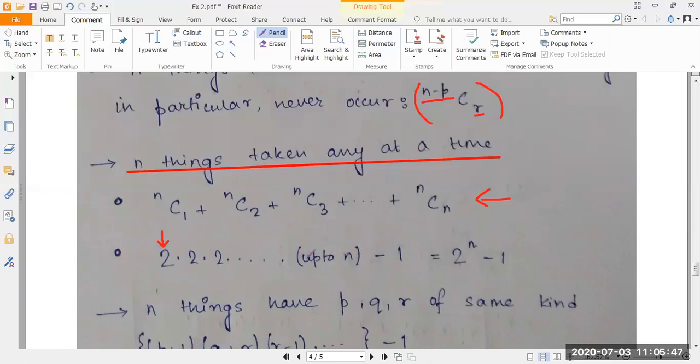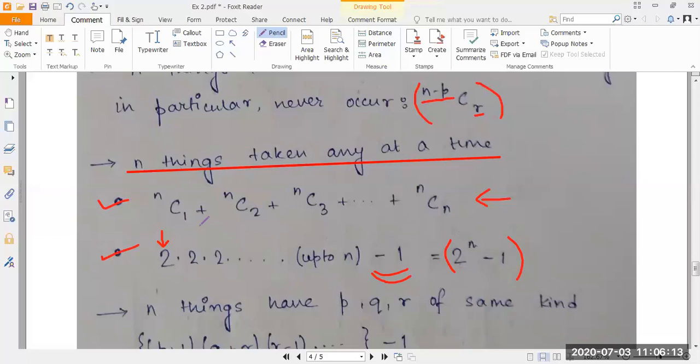So I'm not choosing anything. That doesn't make any sense, so I have to choose something. The situation where I choose none of the options, that situation I have removed, and that is what is represented by the term minus 1. So when I choose n things taken any at a time, I get the expression 2 to the power n minus 1.